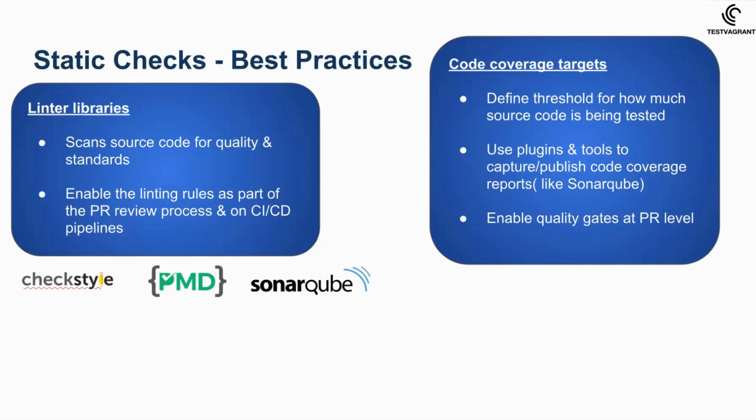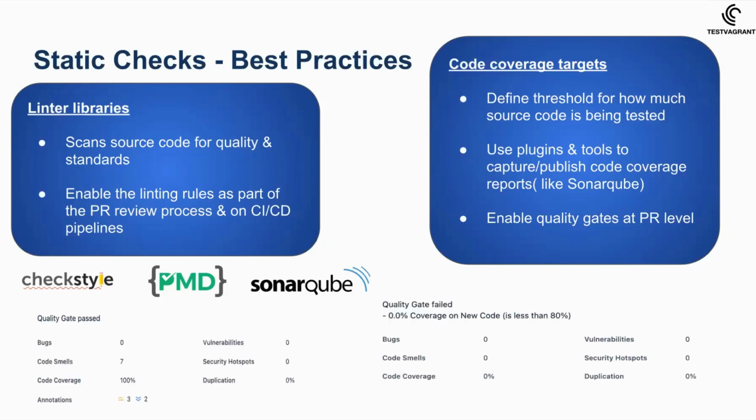If they are met, your quality gate opens and you can take your PR to the next level, which is merge. If the quality gate is not satisfied, your PR cannot be merged. You need to first fix the issues, and only then will your PR be allowed to merge. So you can enable certain quality gates. Now at the bottom, I've added a couple of screenshots.